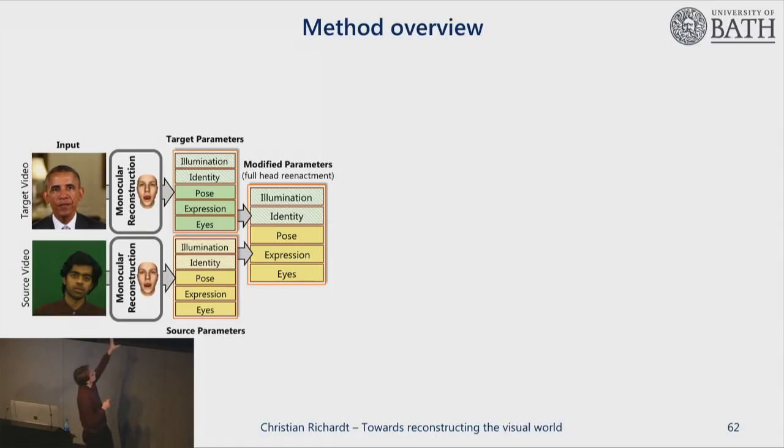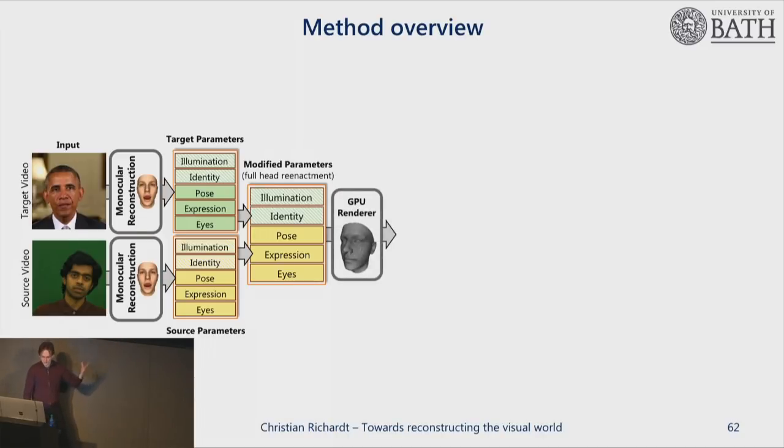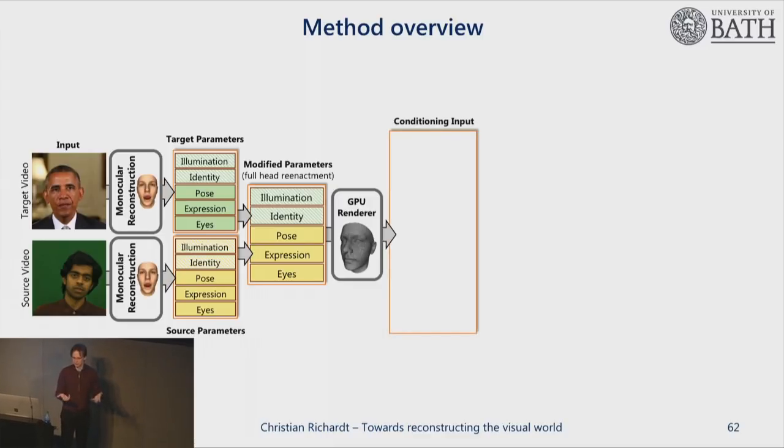So here what we're doing is taking the pose, so the head orientation and the translation, the expressions, and also the eyes, so if you're blinking or where you're looking, we transfer that, but we want to keep the illumination and identity the same as the original target actor. Then we render some synthetic, just computer graphics renderings of this face.